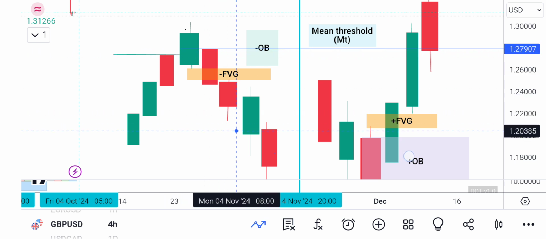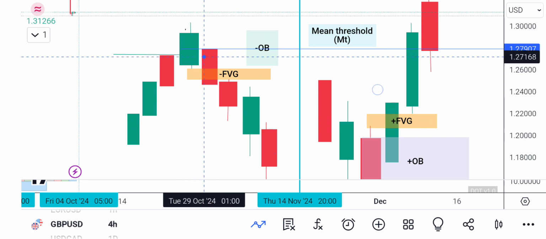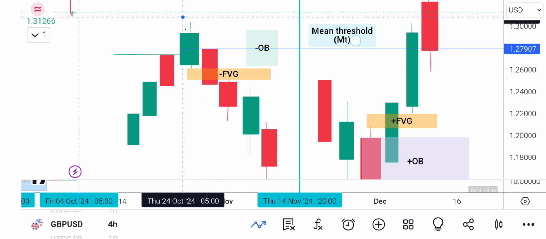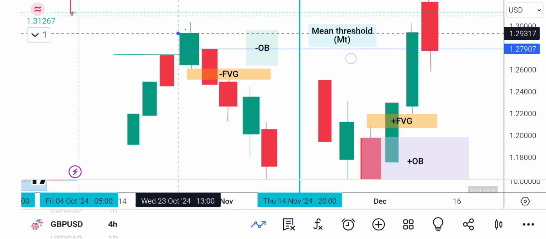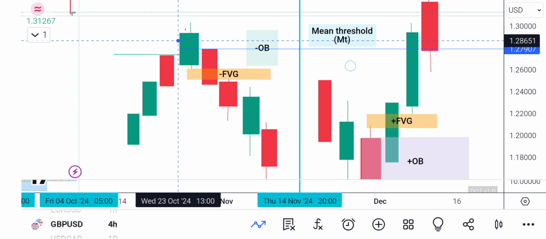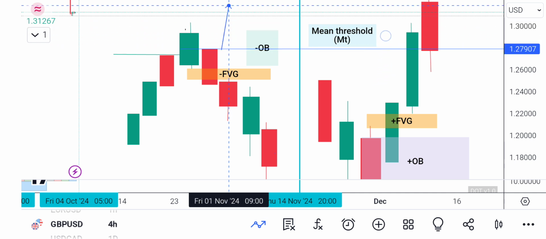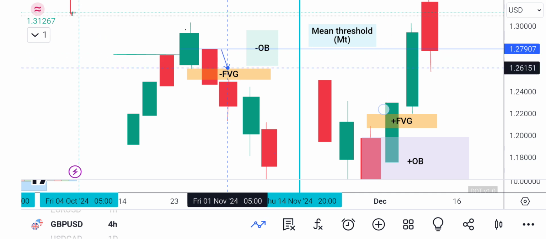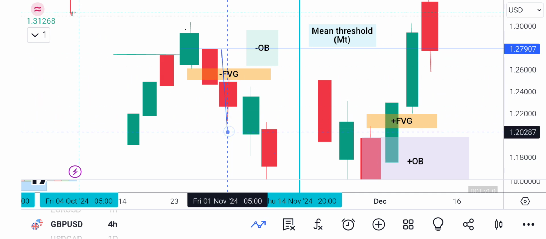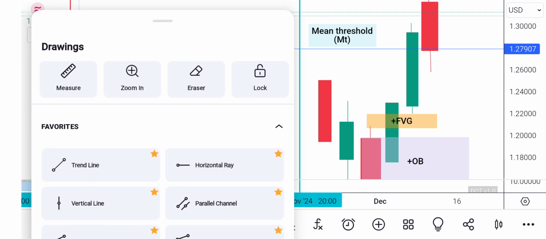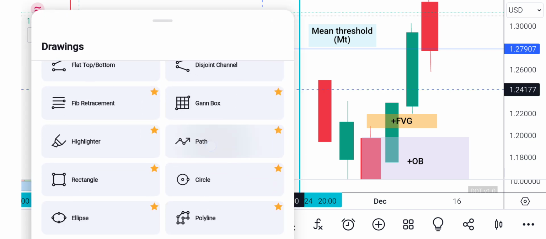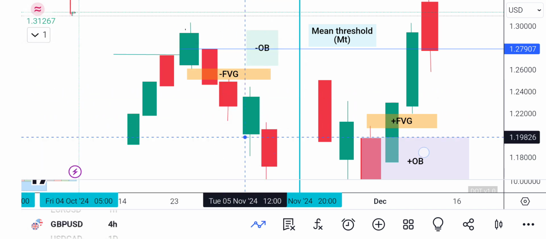If you are bullish, the sensitive parts are the open or the high of this candle, the upper quadrant, and the midpoint, which is the mean threshold. Those are areas where you can see the market react and buy off. If you are selling, those are areas where you can see the market react and then sell off. We are going to do that more when we start learning how to use the Fibonacci tool.